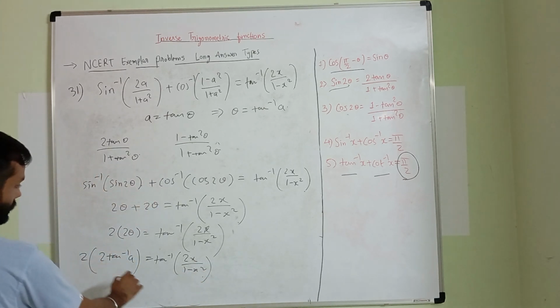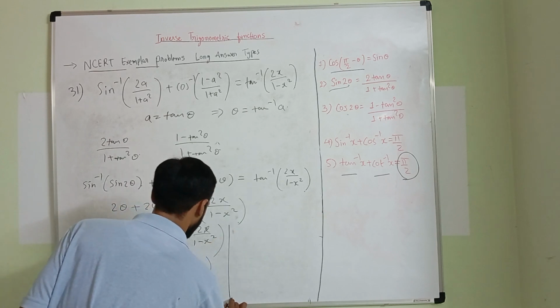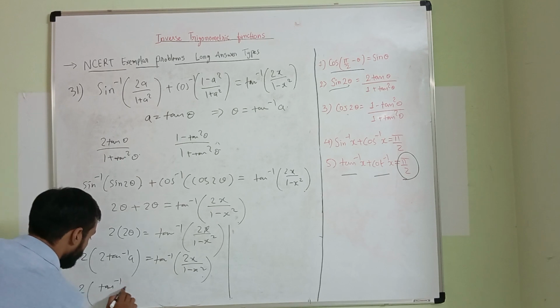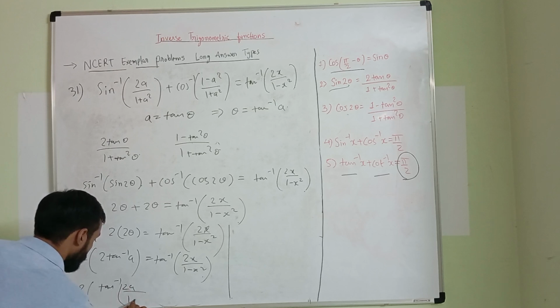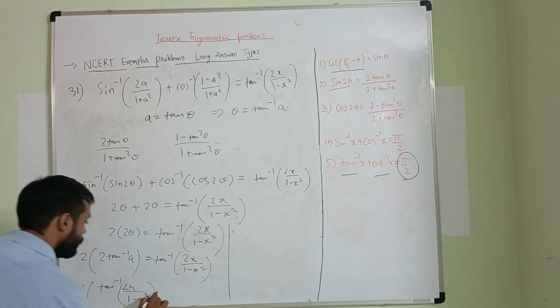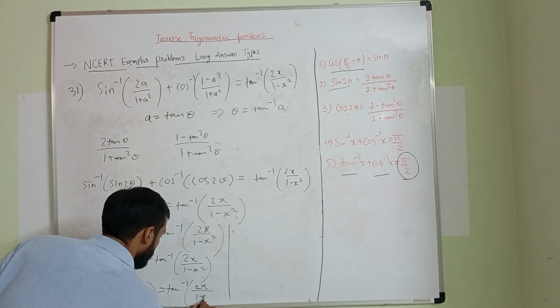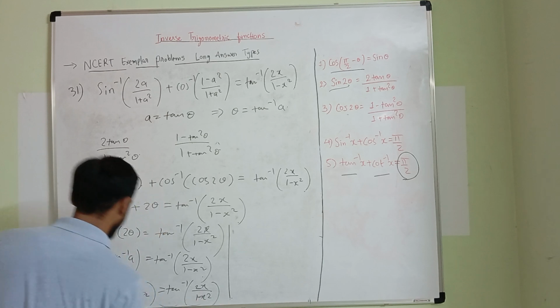On expanding this term, 2 into 2 tan inverse a will be tan inverse a plus tan inverse a, that is tan inverse of 2a upon 1 minus a square. This would be tan inverse of 2x upon 1 minus x square.